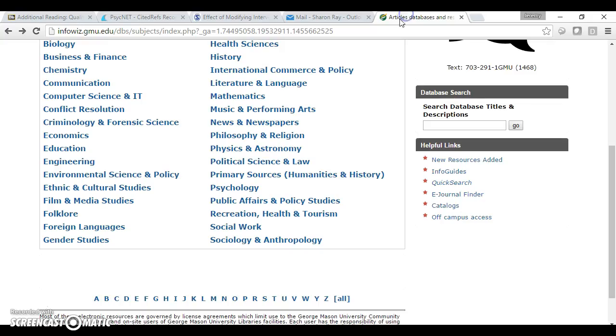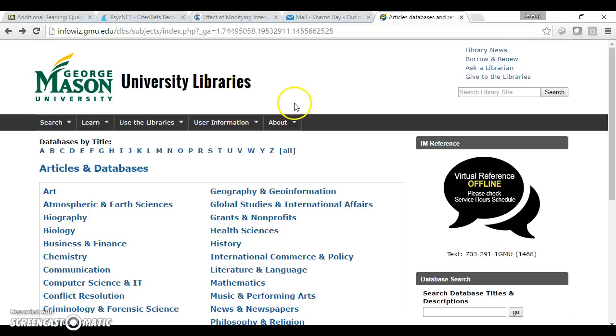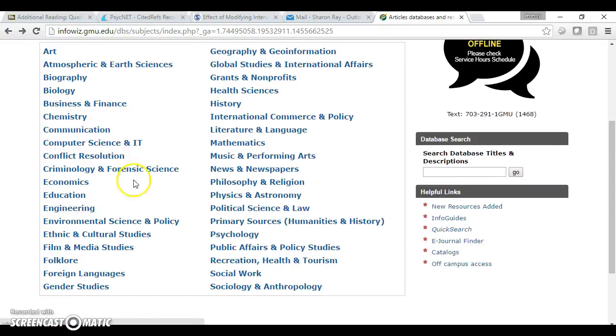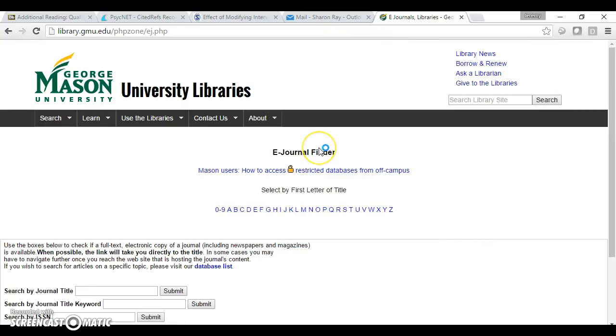Now, the other thing that people have been asking about is hand searches. So in a hand search you would go to the University Library webpage, and instead of looking at the databases, you go to eJournal Finder. And typically hand searches are done anywhere from like 5 to 10 years on a specific journal that you think would be of high importance to your topic.